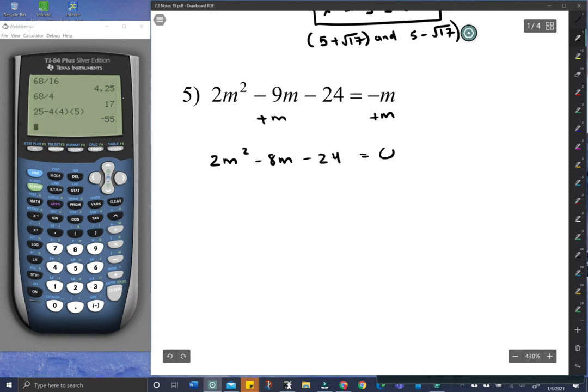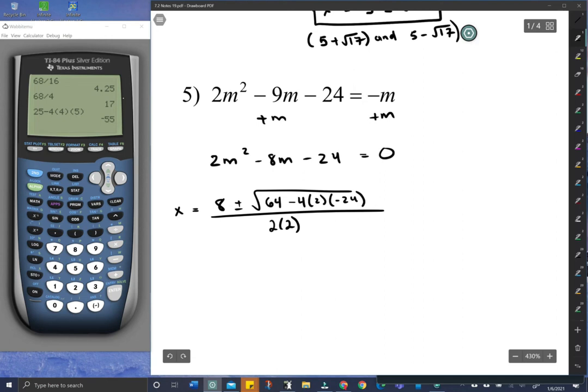x equals negative b, so 8, plus or minus the square root of 8 squared, 64, minus 4 times 2 times negative 24, all over 2 times 2. Again, feel free to take some shortcuts if you can, but I still highly recommend the discriminant part, typing that into your calculator.